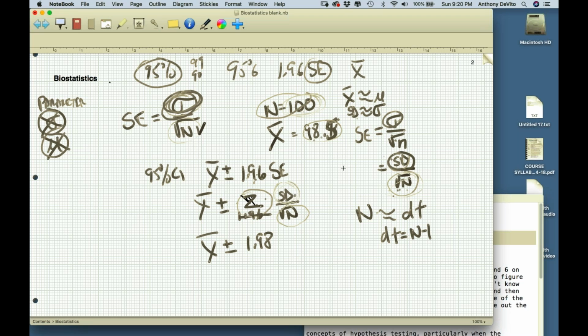I'm going to say the standard deviation for this sample was, let's stick with what I said before, 2 degrees Fahrenheit. 2 divided by the square root of 100, which is 10, is going to be equal to 0.2.